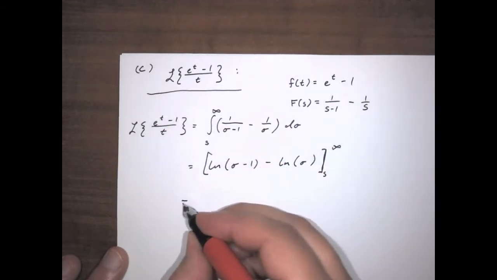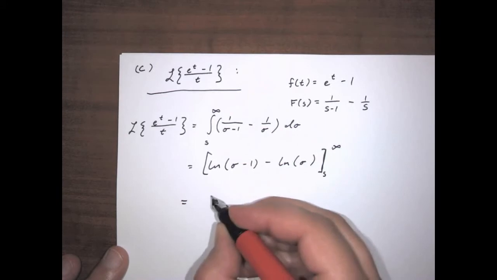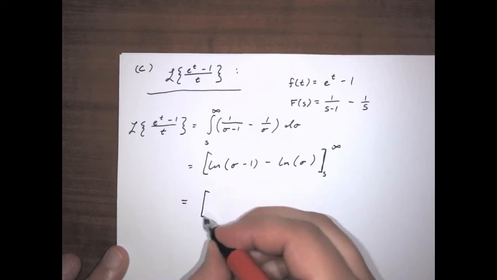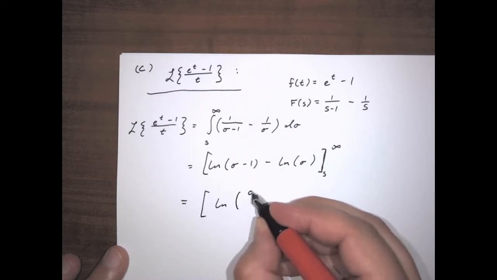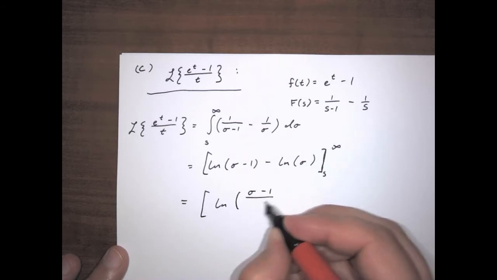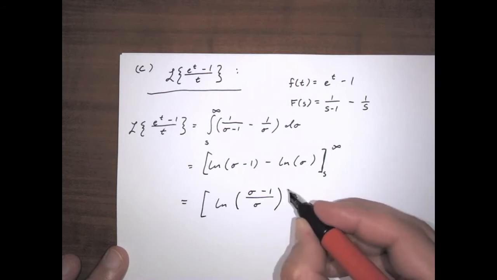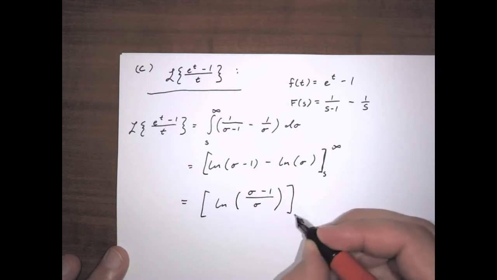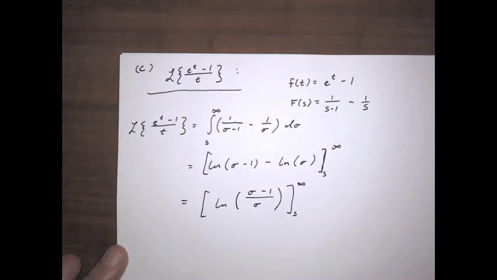So this actually, by the same properties of logarithms, is going to be the same as the natural log of (sigma minus 1) over sigma, evaluated from s to infinity.